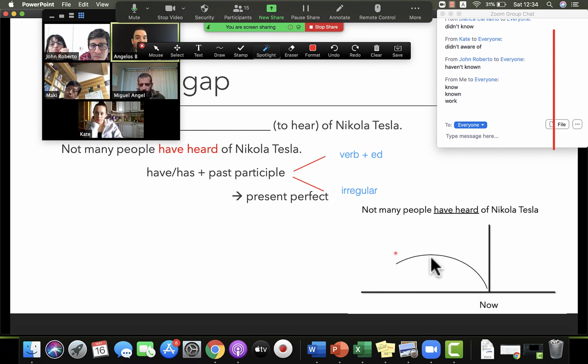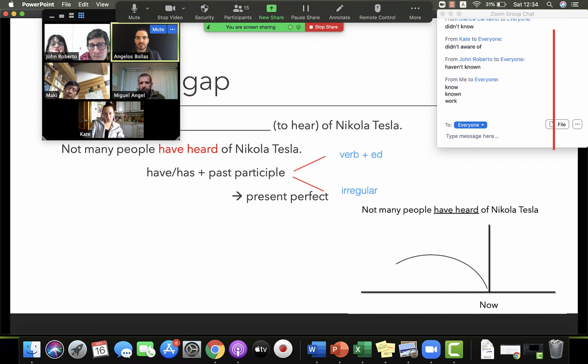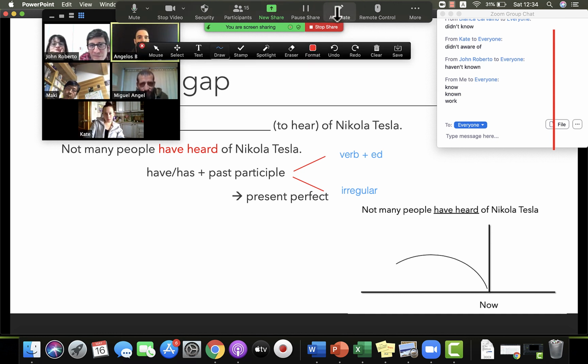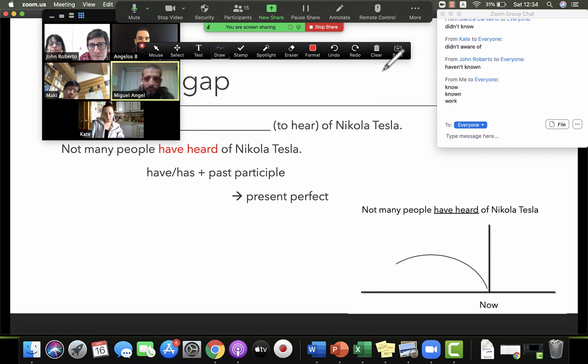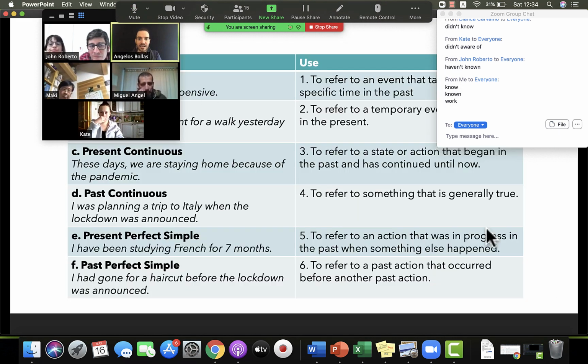Do we have any questions so far? Okay. We are going to review more tenses now. Some are going to be easier. Some might be a little bit tricky. So let me clear what we have here.